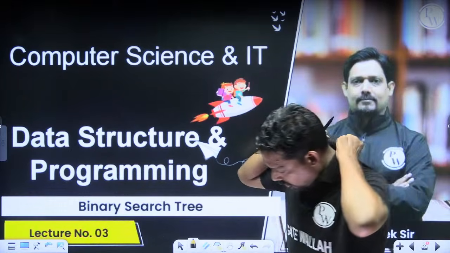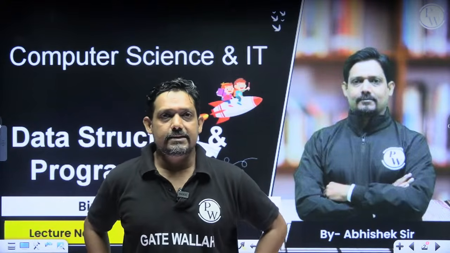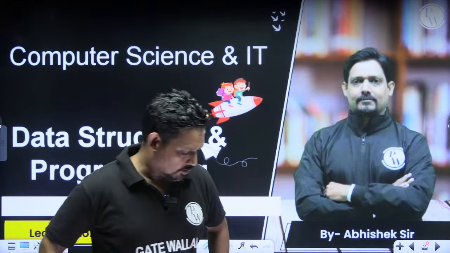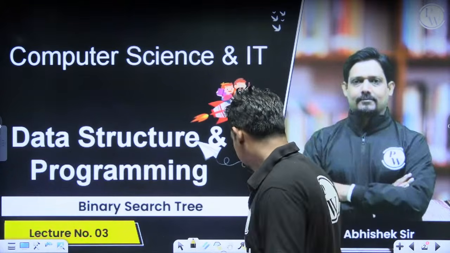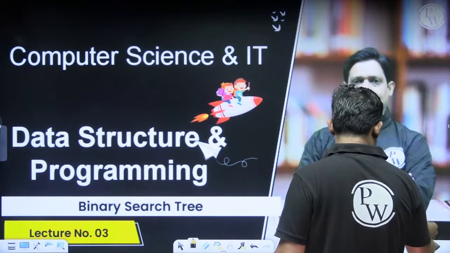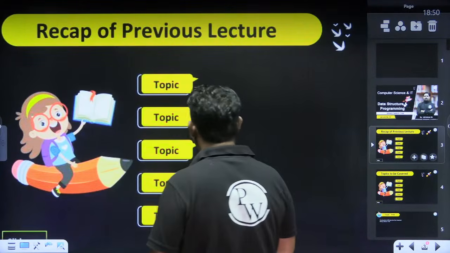I welcome all of you to this session where we are going to discuss binary search tree. That is the topic, that is the agenda. I'll tell you two interesting properties.